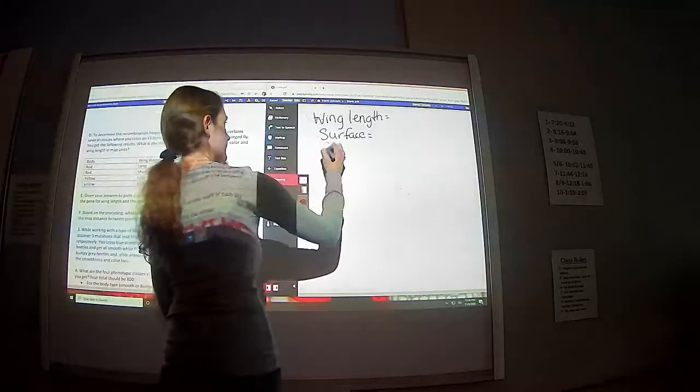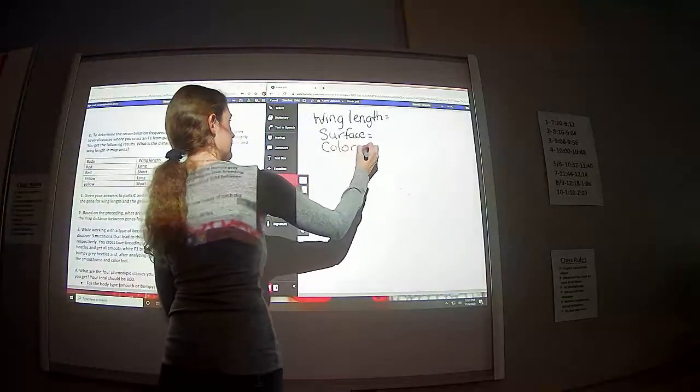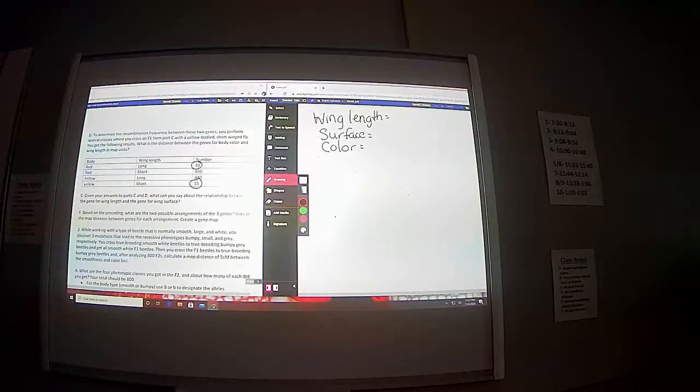Color. So we've got to go through and make up our letters for each one of those.